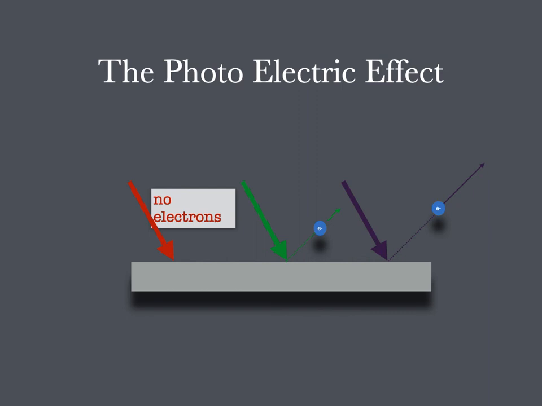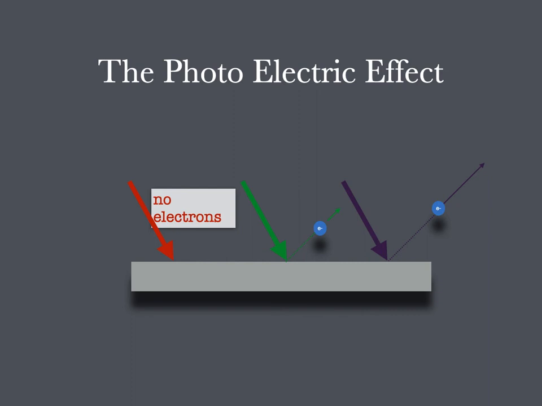If the frequency is too low, and so the energy is too low, no electrons will be ejected. If you get a mid-frequency like a green light, you can eject electrons with a fairly low velocity compared to high-frequency light like a purple, which is going to eject the electrons at a higher velocity.